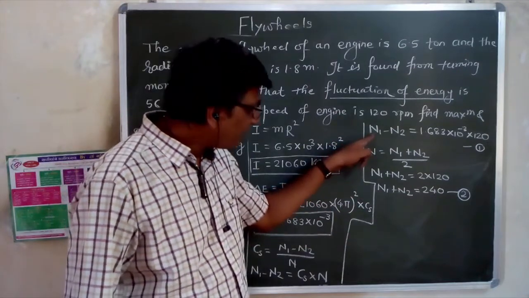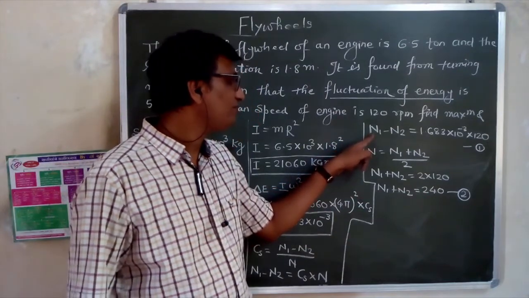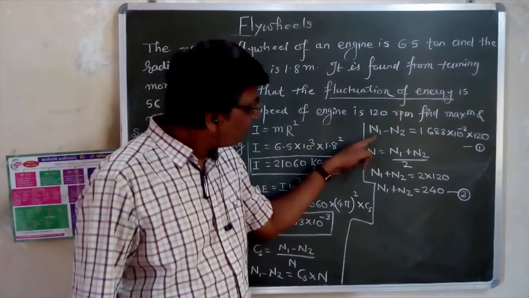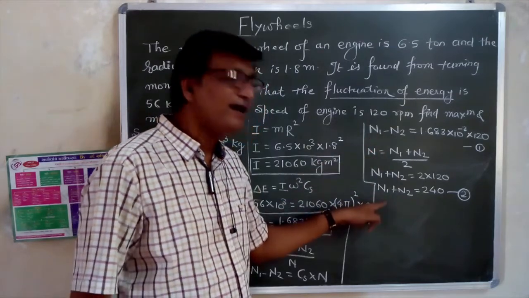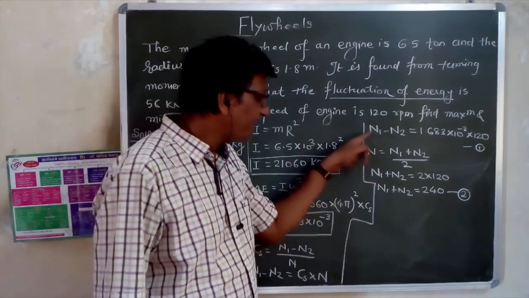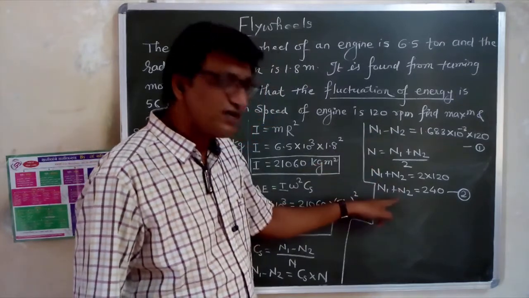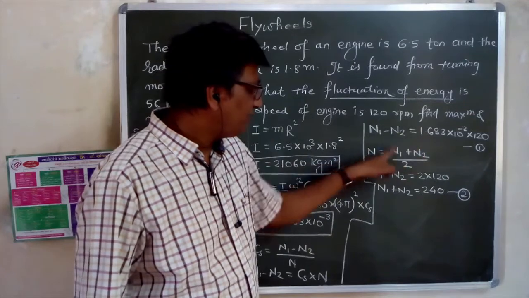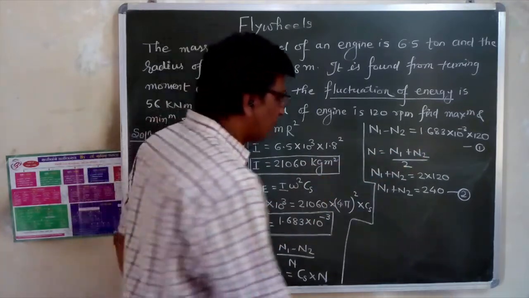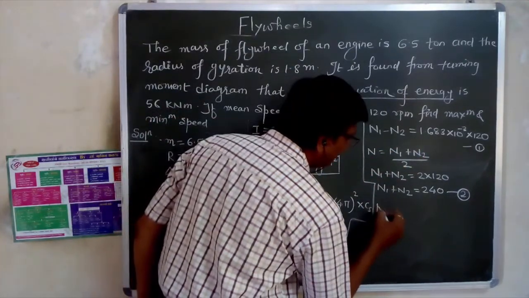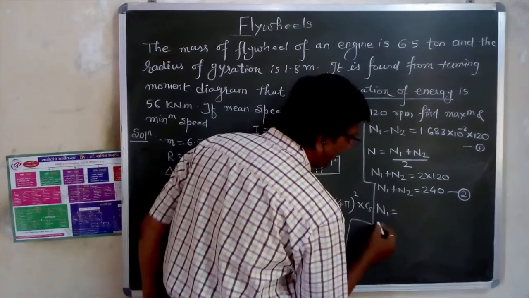Add this. If you add equation number 1 and equation number 2, what are you getting? N1 plus N1, that is twice N1; minus N2 plus N2 get cancelled, you are getting the value of N1. So from here, solving this simultaneously, you will get N1 and N2.